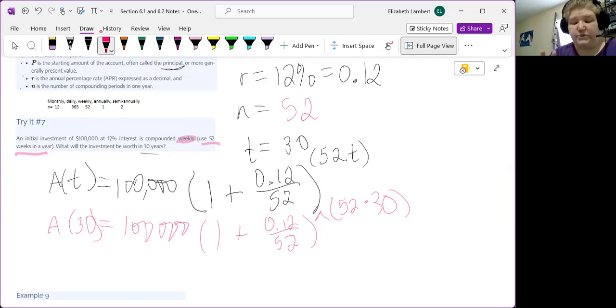It is real easy to misplace something here, but I start with 100,000 times, open my parentheses, 1 plus 0.12 divided by 52, close, raised to the, mine opens the parenthesis already, 52 times 30, close. My calculator actually puts the commas, which is really nice.